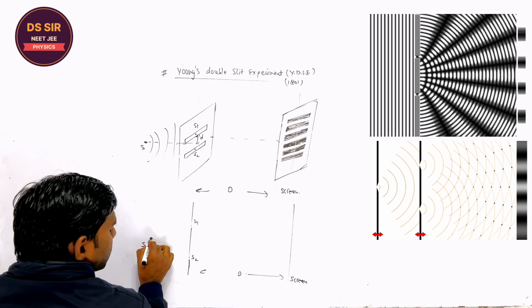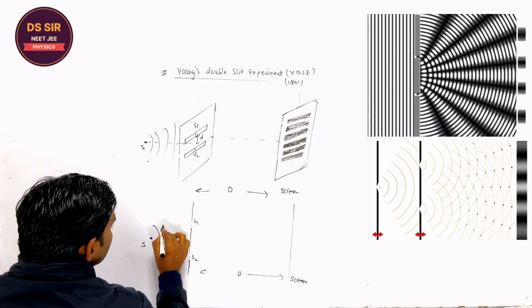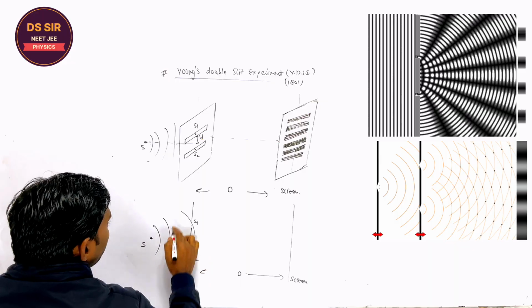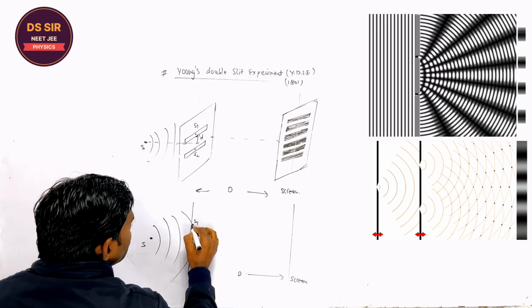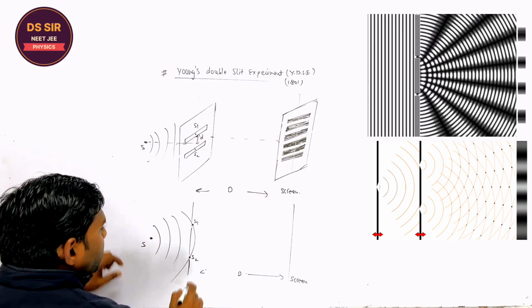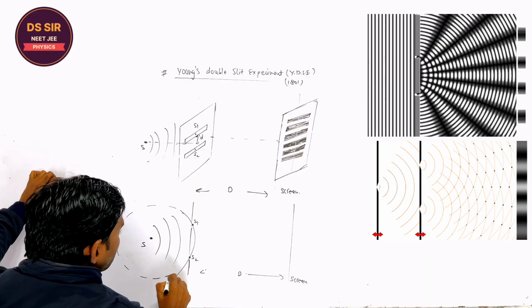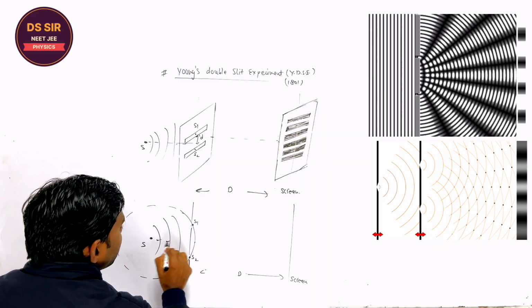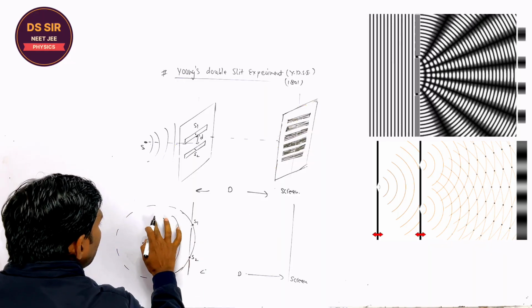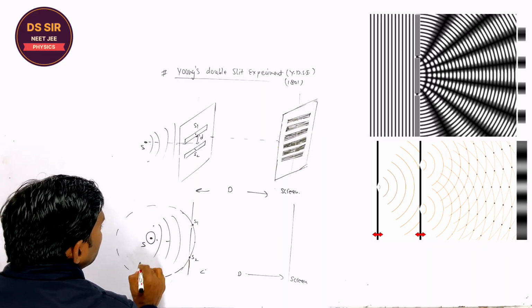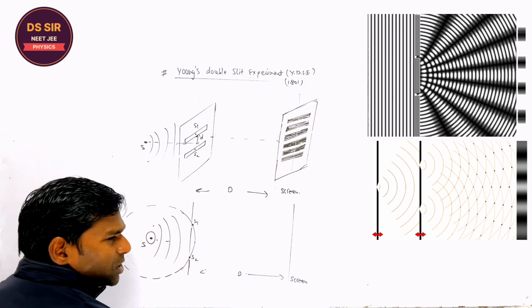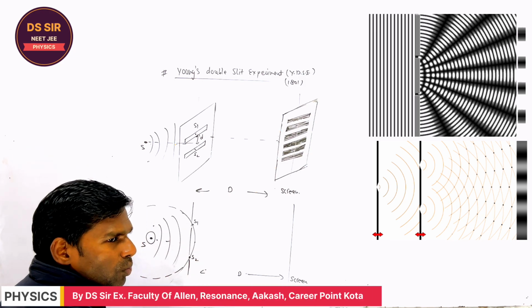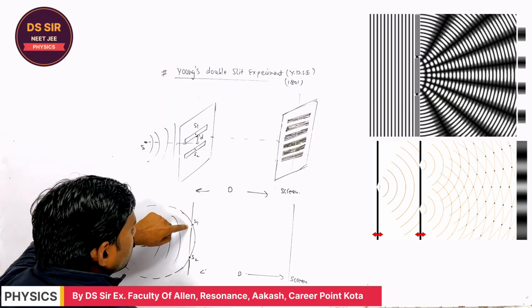When the source acts as a point source, the wavefront reaching here is a spherical wavefront. The wavefronts originating from the source reach S1 and S2 continuously. So tell me, do S1 and S2 act as new sources of light or not?